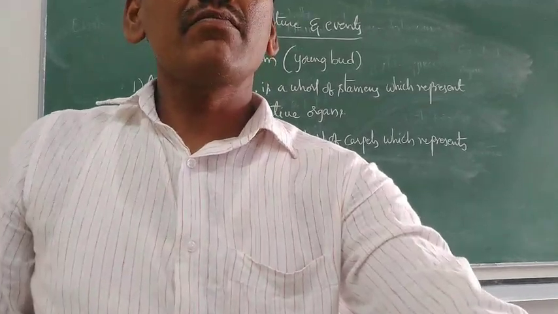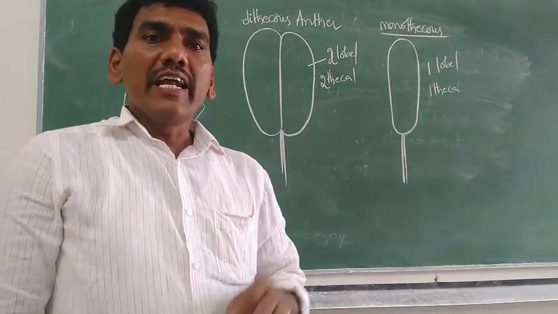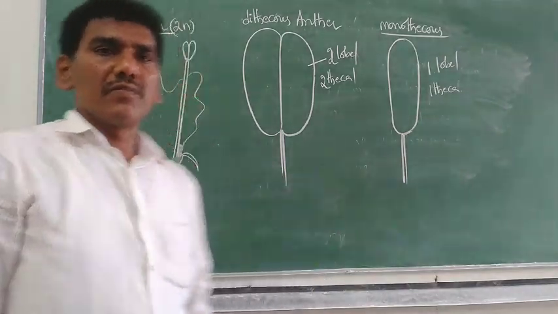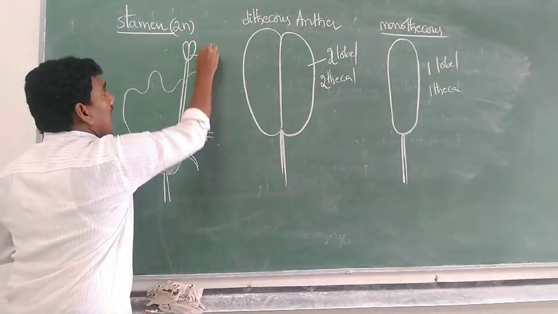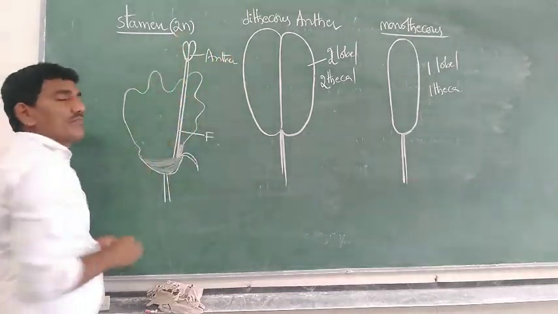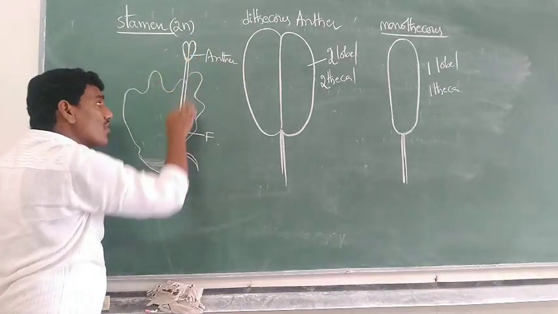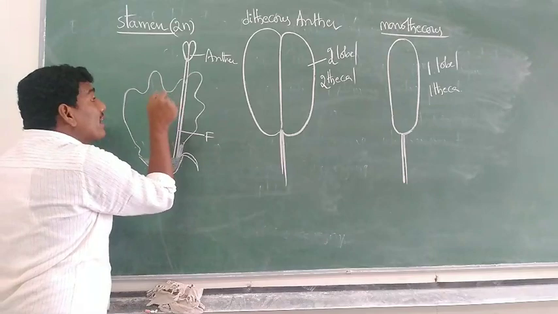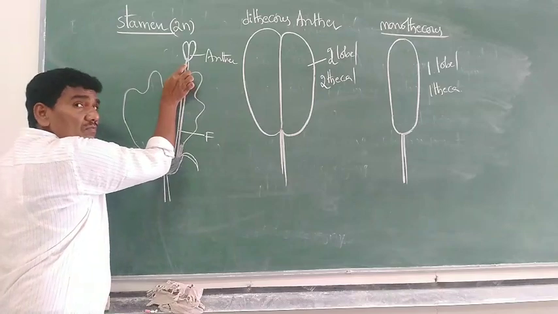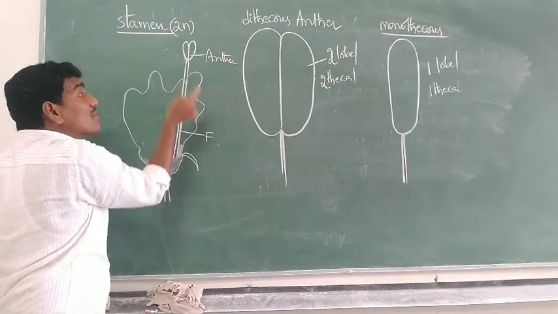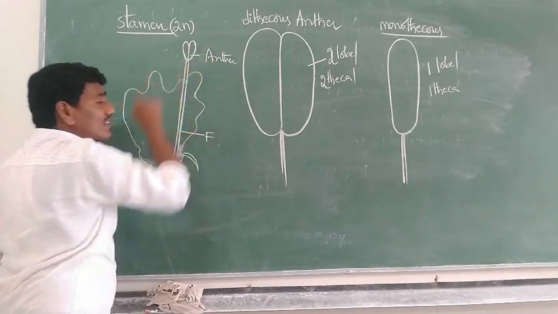The next concept is the stamen. A typical stamen consists of two parts: the filament and the anther. The filament is a long, slender, stalk-like structure present between the anther and the thalamus. At the apical or terminal portion of the filament, a bilobed structure is present, known as the anther.